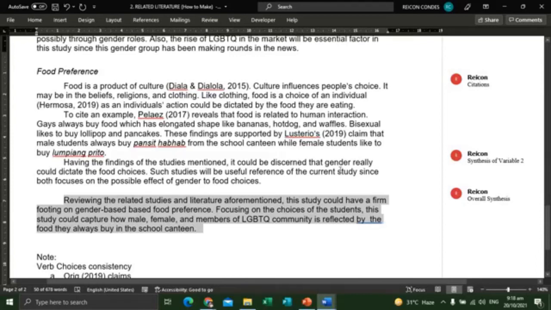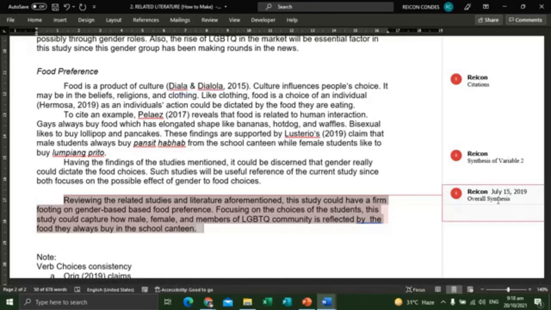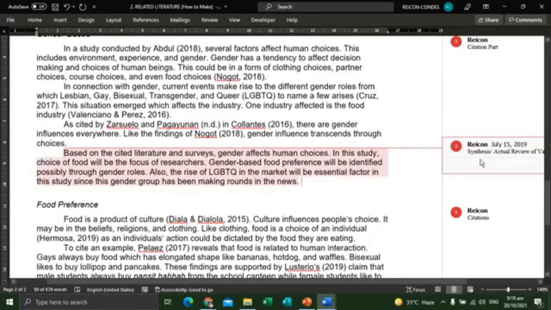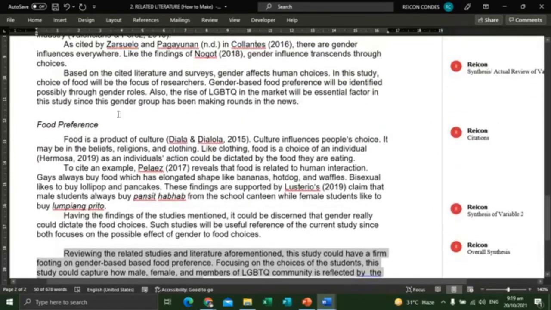Okay, I hope this is clear. Kasi ito yung mga titingnan kong bagay diyan sa inyong pagsusulat ng review of literature. Okay? So, I will look first at your overall synthesis. Pagkatingin ko dito sa overall synthesis ninyo, titingnan ko naman ay yung synthesis ninyo by segment, kung nagmamatch nga ba sila.